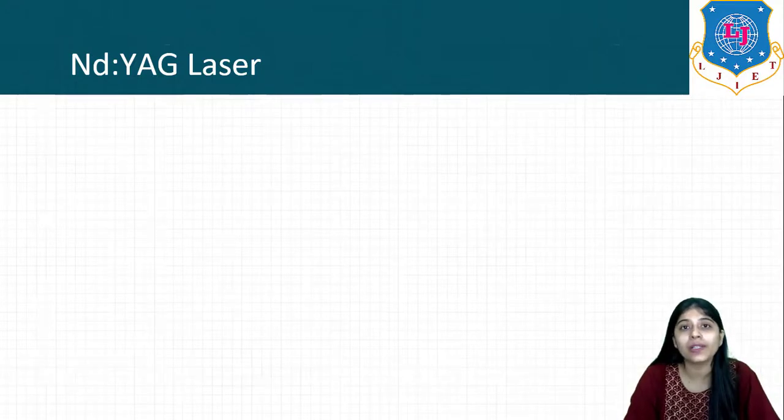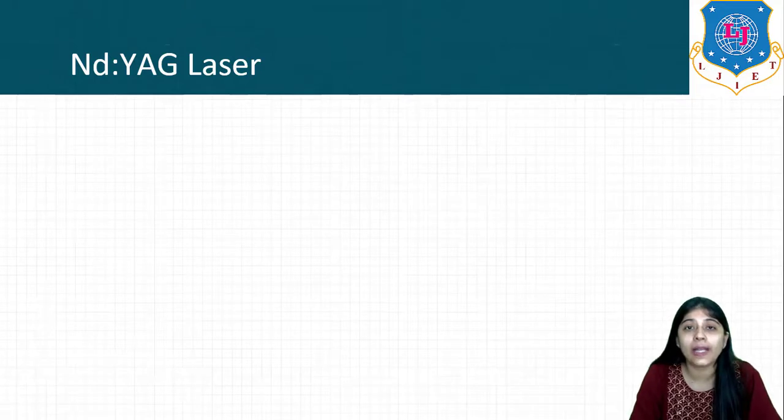Now if we talk about light amplification, it is done with the help of an optical resonator cavity. Light amplification is achieved by photon multiplication within the cavity. Initially, population inversion is achieved in the active medium, which is placed in the resonator cavity.